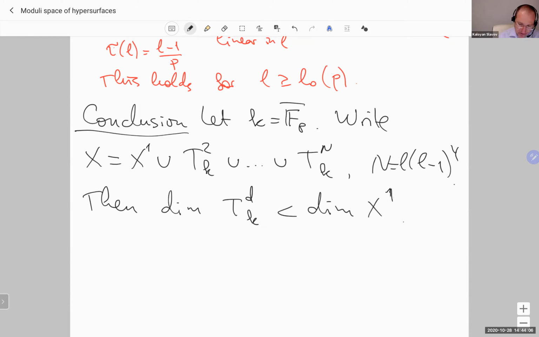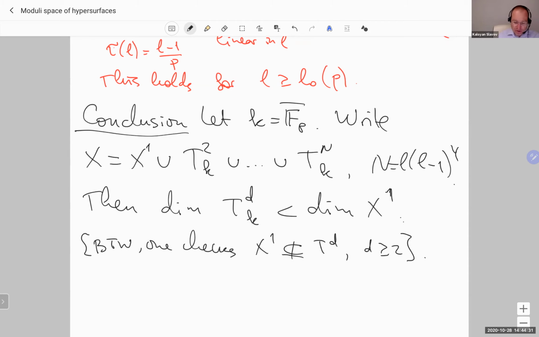That's what we proved over F_p bar. We did it with T check, but then from T hat, we can go to TD. By the way, one checks X1 is not contained in TD for d greater than or equal to 2. That's what you need in order to get from T check to TD. Okay, so all of these have smaller dimension.